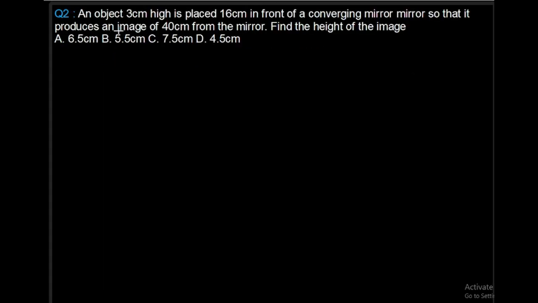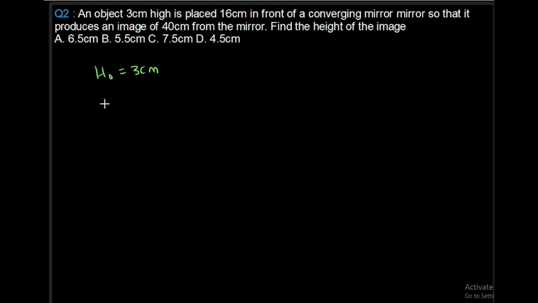Now the next question says an object 3 cm high is placed 16 cm in front of a converging mirror. So we have height of object equal to 3 cm, placed 16 cm in front of a converging mirror.